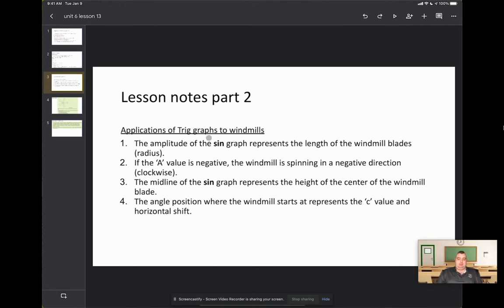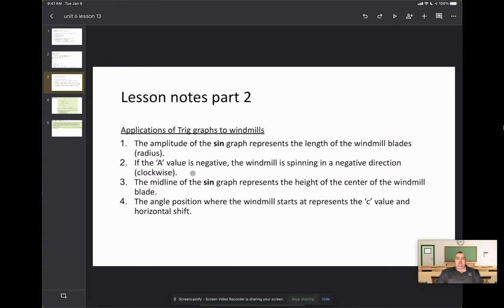So the amplitude of the sine graph represents the length of the windmill blade. If you think of how a windmill spins, the length of the blade is the radius. So the length of the blade, or the radius, is going to be your amplitude of the sine graph.